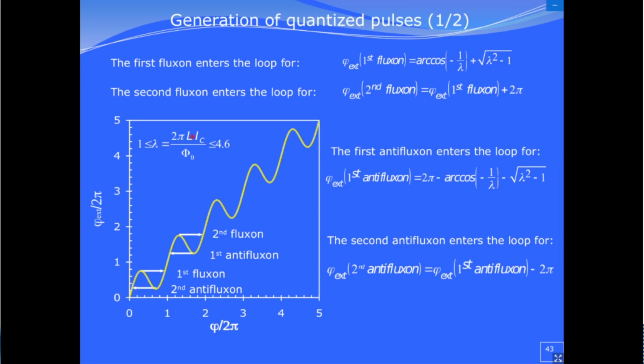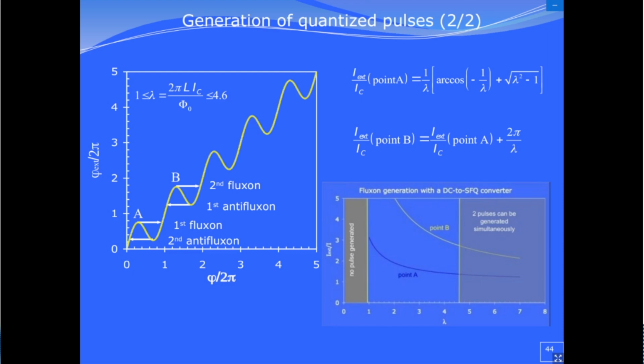So you can calculate when these fluxons appear and when they don't. You have a parameter lambda, and you recognize βL that we use for SQUIDs, the same parameter. It's the product of inductance by current. Basically, it's the size of the loop, and it tells you how many flux quanta you can put inside. As for SQUIDs, we want small loops to have just one flux, or 0, but not 5 or 10, otherwise it's too complicated to manage.